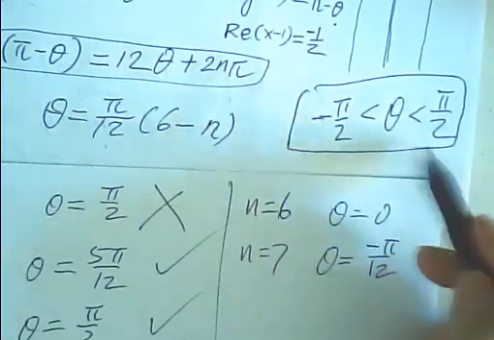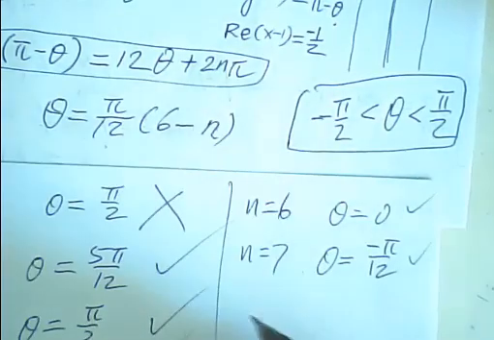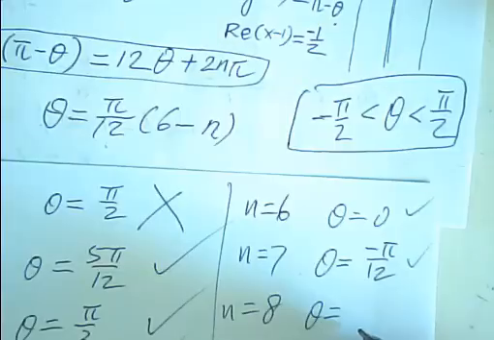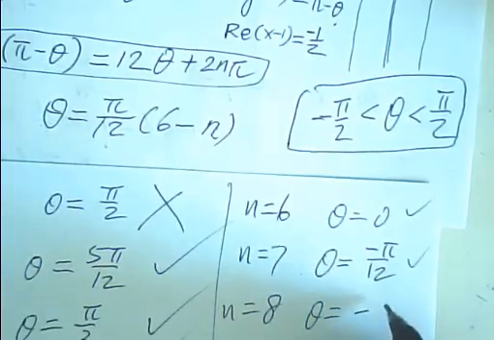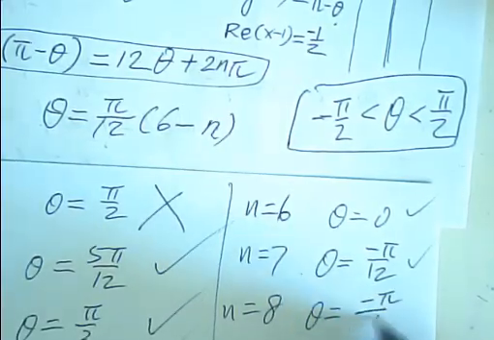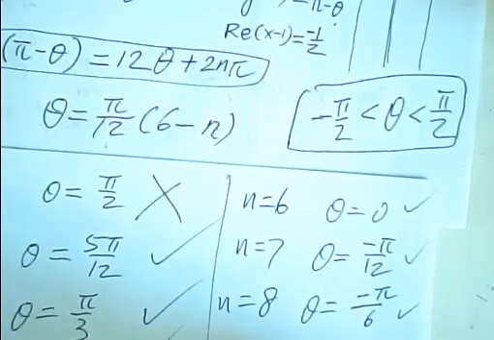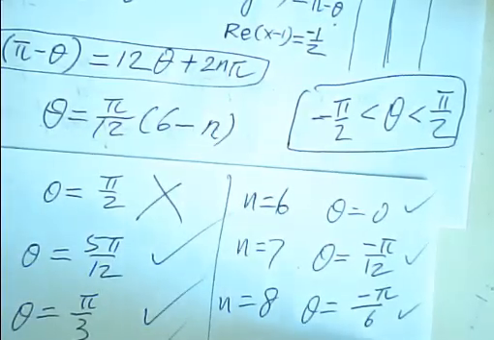That is good. N equal to 8. Theta is equal to negative pi over 6. That is good. N equal to 9, theta is negative quarter pi.